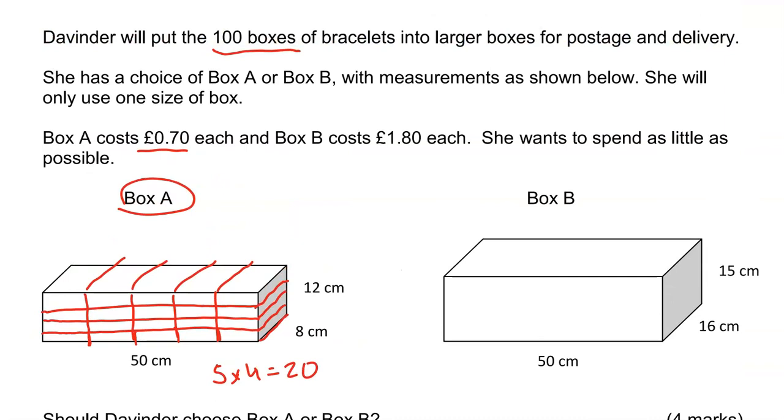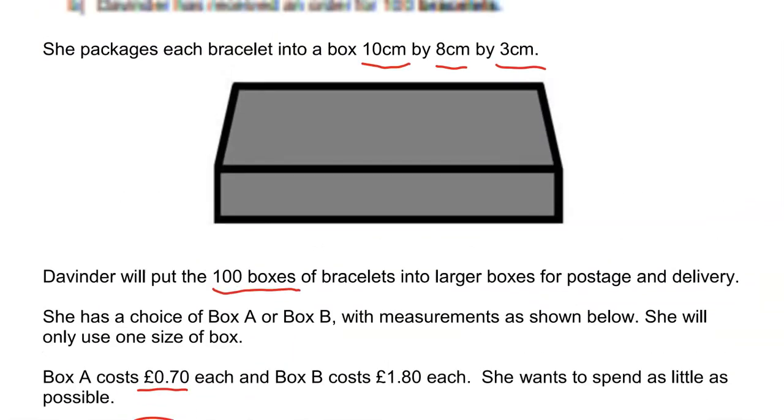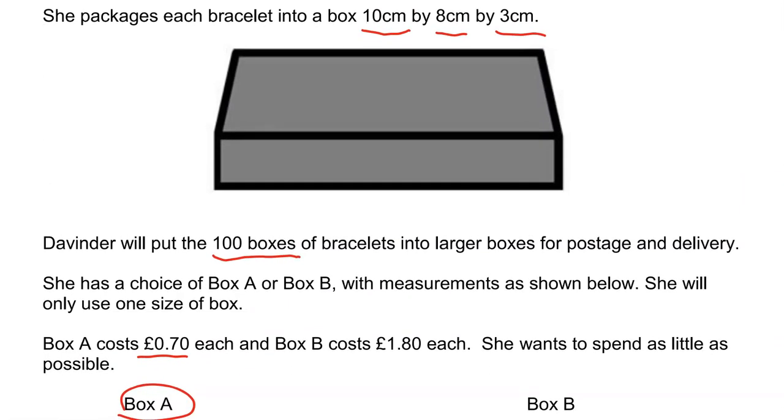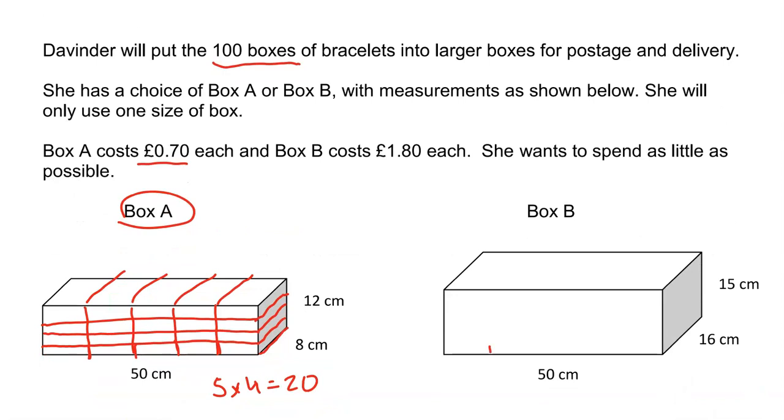Again, the dimensions of the small box are 10 centimeters by 8 centimeters by 3 centimeters. So 10, we can fit here 5, because 5 lots of 10 makes 50.